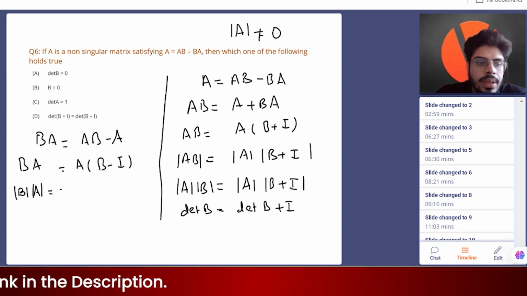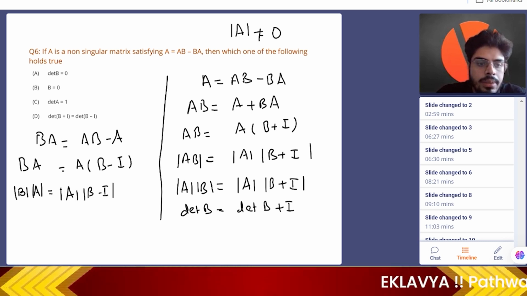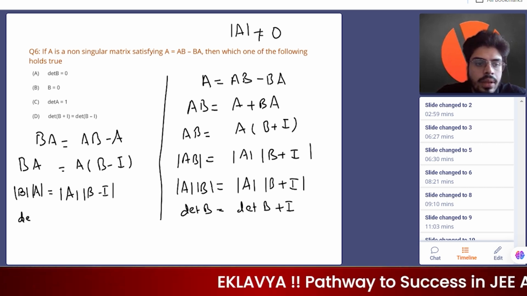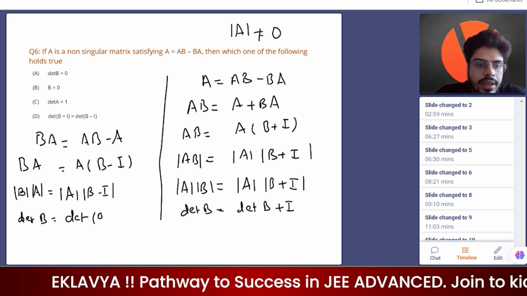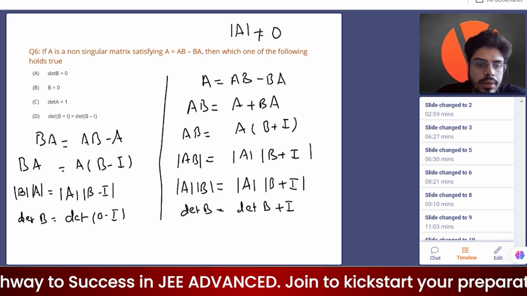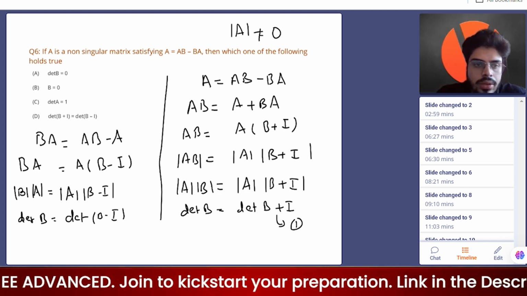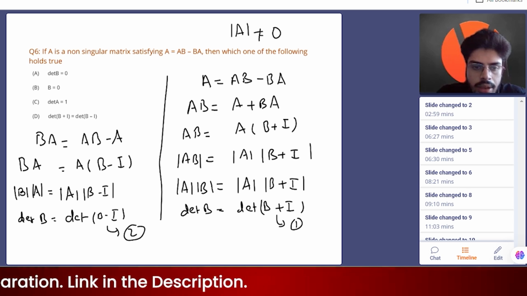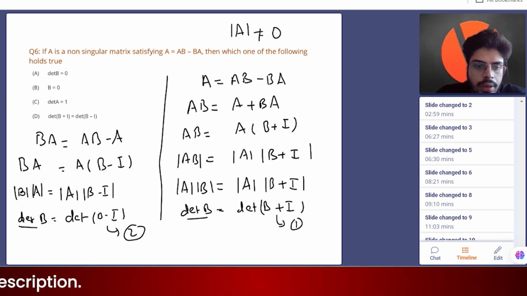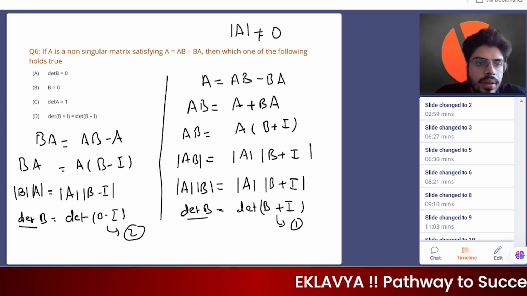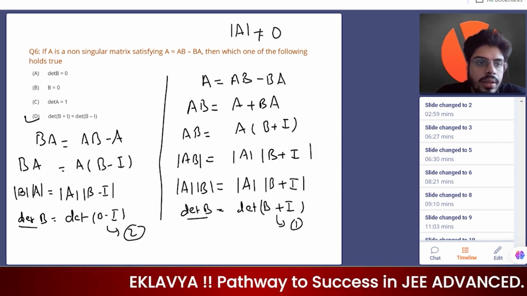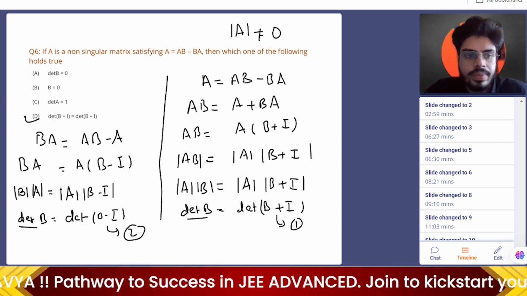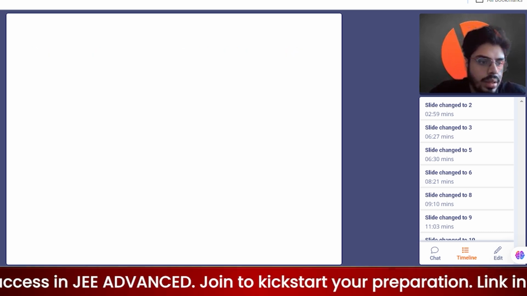So determinant B, determinant A, same thing: determinant A, determinant B minus I. So I'll get this value equal to this thing. So from equations 1 and 2, determinant B is equal to both these values, determinant of B plus I and B minus I. So they are equal. Fine.